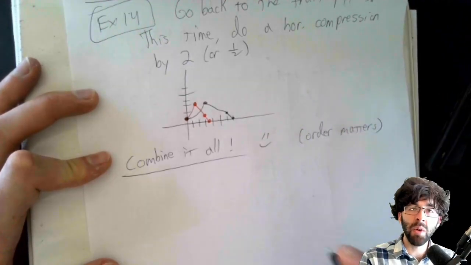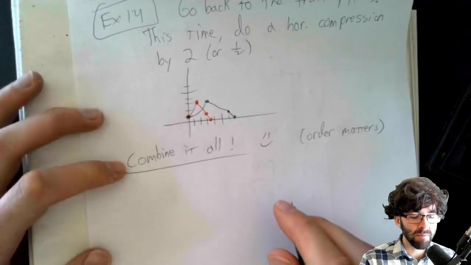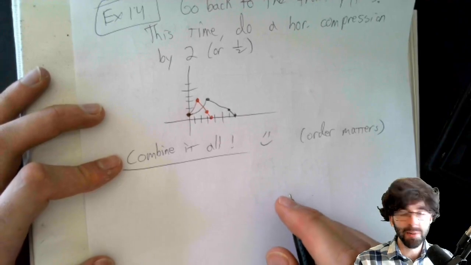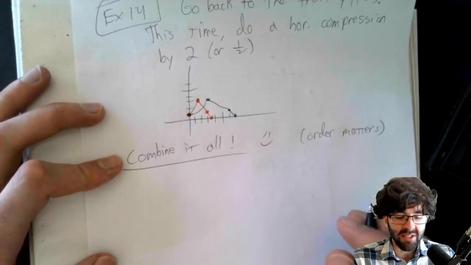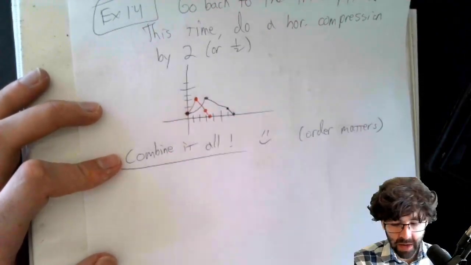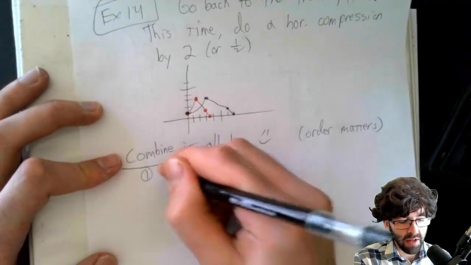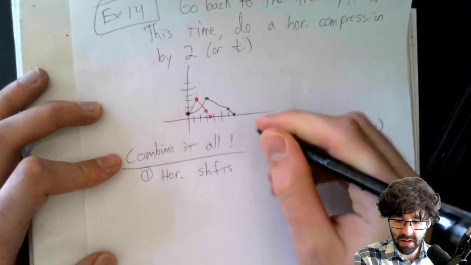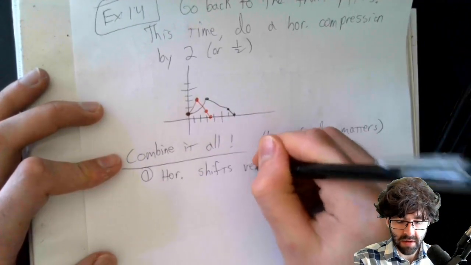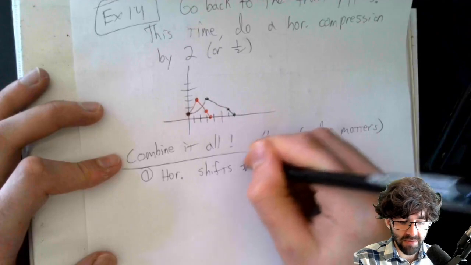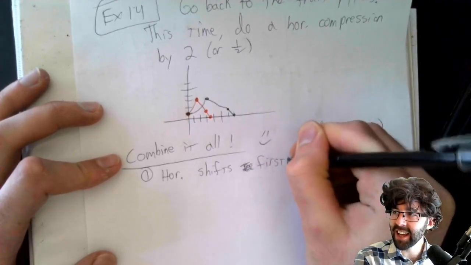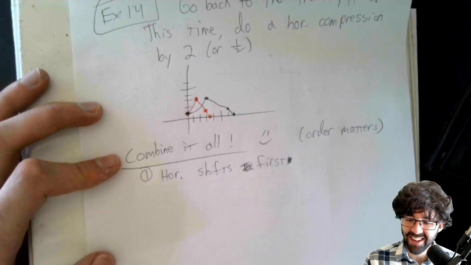Anyway, so the order matters. So I will give you what order it is usually best to do things in. There are exceptions to this rule that you could do if you wanted to, but you don't have to. I think it's easiest to stick with this rule. Okay? So, do the horizontal shifts first.